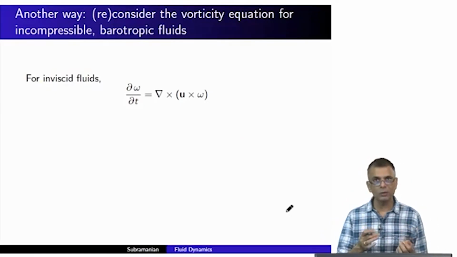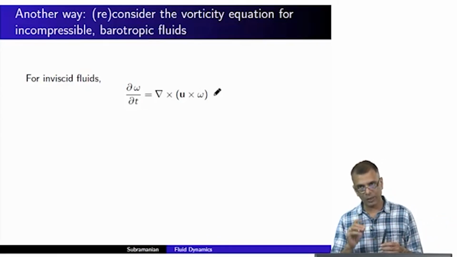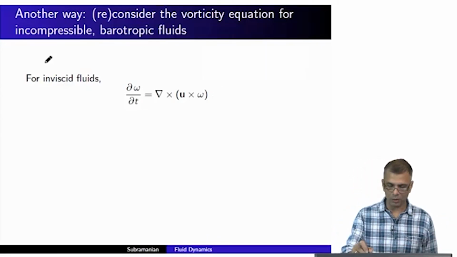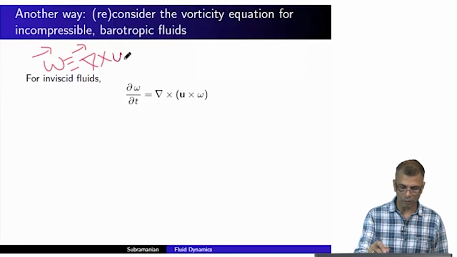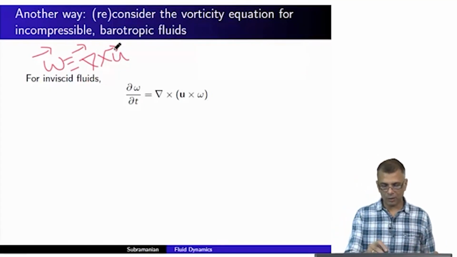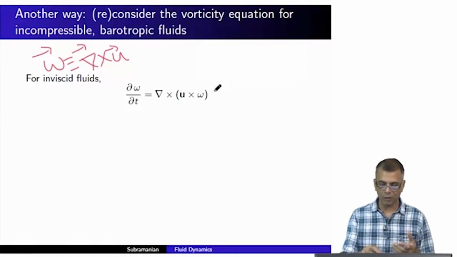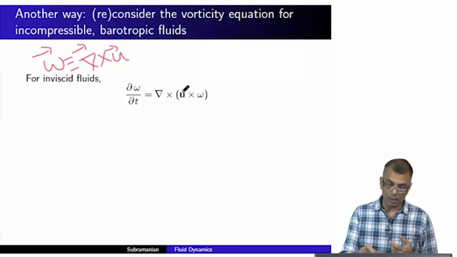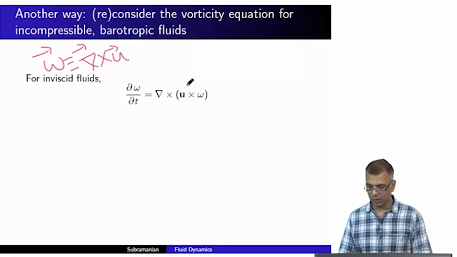You specify the u at a given time, and this gives the evolution of omega, which is the curl of u. If you recall, we remarked that this is a completely fully specified dynamical equation for the evolution of omega. Sure enough, there's a u there, but the u is the uncurl of omega, right?